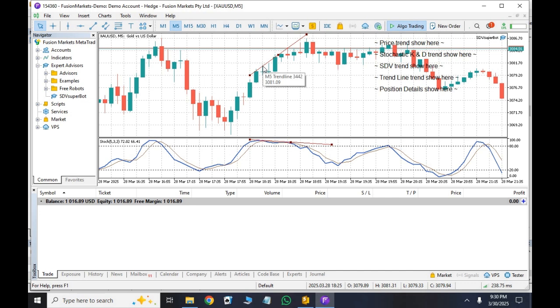So price count up gets 1 here, then 2 here, then 3 here, and here the label shows the SDV trend is sell. Bearish divergence detected, and if others are okay, we can open a position, right?